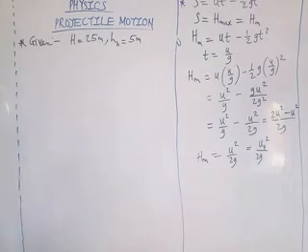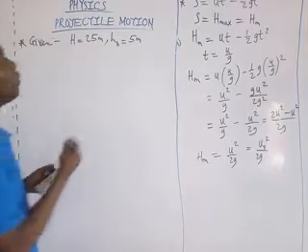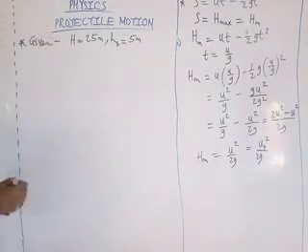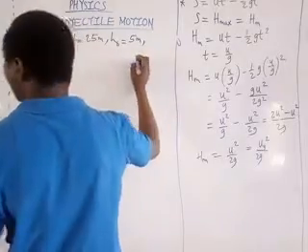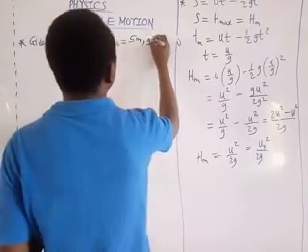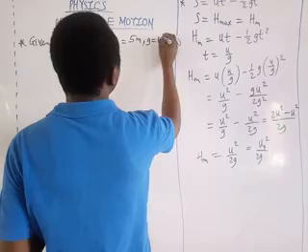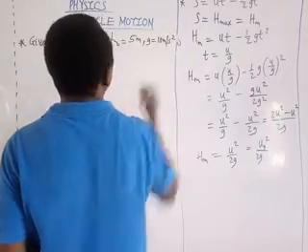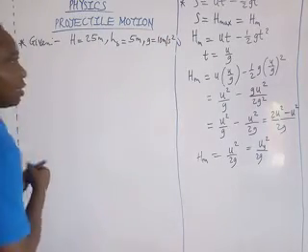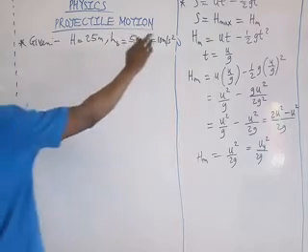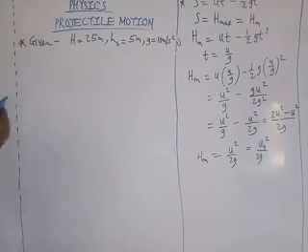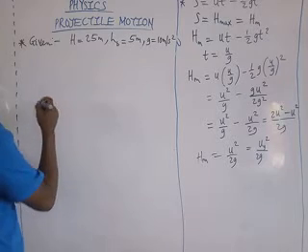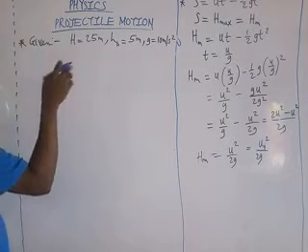Even though we are not given the acceleration due to gravity, most times when you are not given, just know that the value is always 10 meters per second square. If you are given otherwise, just make use of the value given. But if you are not given any value, you can make use of 10 meters per second square as the value of g.